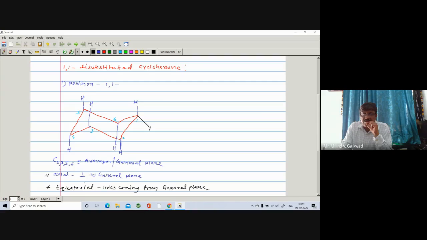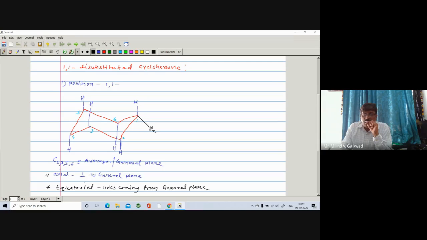So it is called an equatorial bond, which looks like it is coming out from the general plane or the average plane.